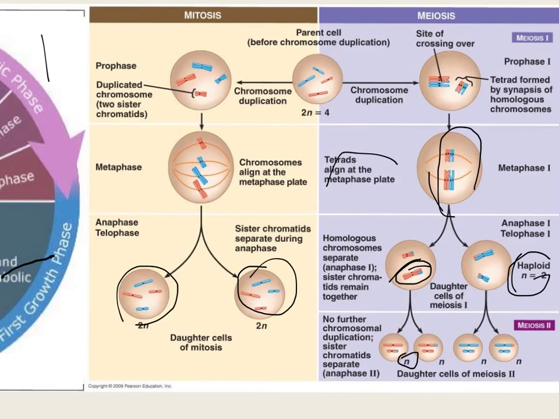Okay? So you have 4 haploid gametes. And that's what happens in meiosis 2. So a gamete will have all 23 chromosomes for humans, but they'll be haploid instead of homologous pairs of chromosomes. They can either be sperm or eggs.